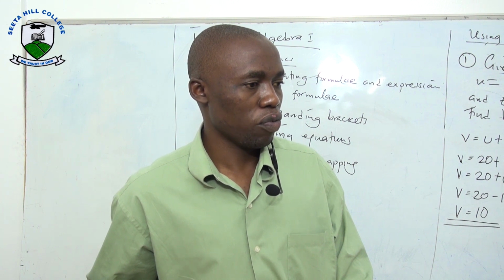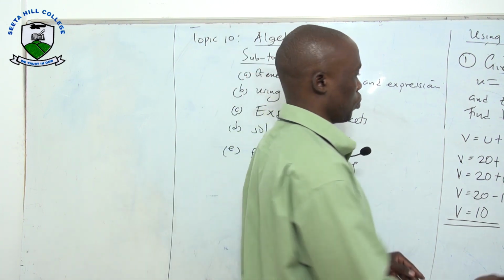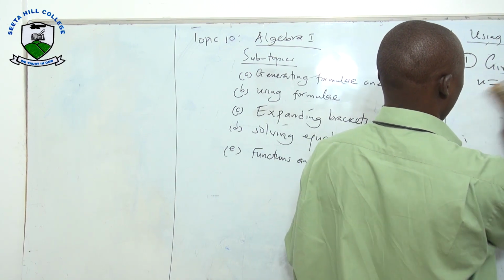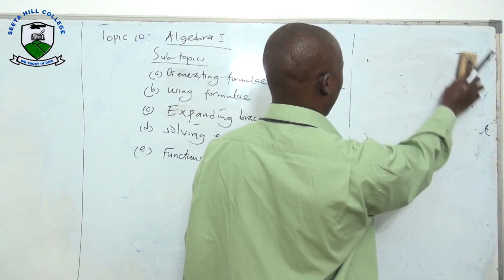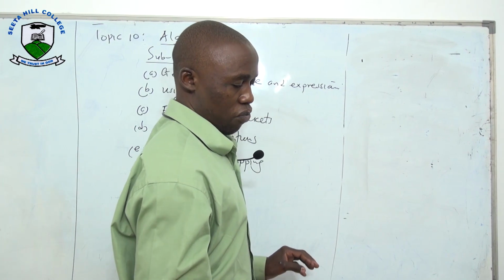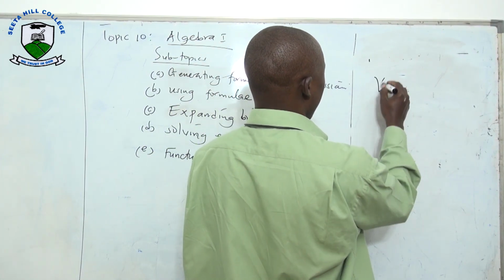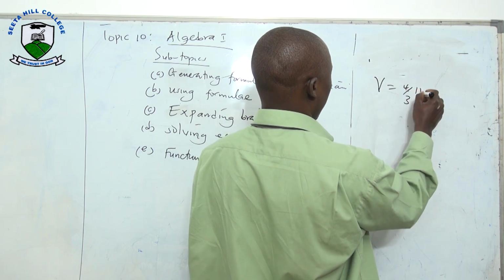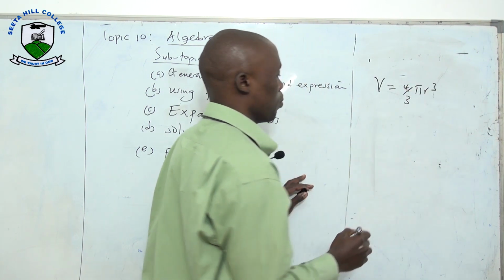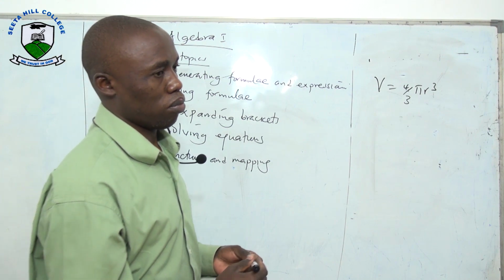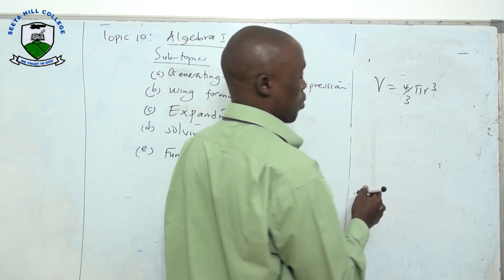Yeah, the volume of a sphere. The volume of a sphere is given by V is equal to 4 over 3 pi r cubed.